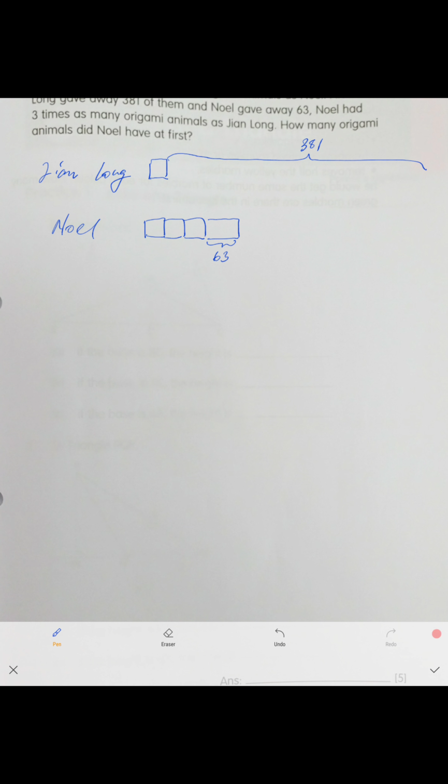How do we do that now? Before, Jian Long had 3 times as many origami animals as Noel. Now we need to draw these 3 times. We have these 3 units and 63. So this is what we do.